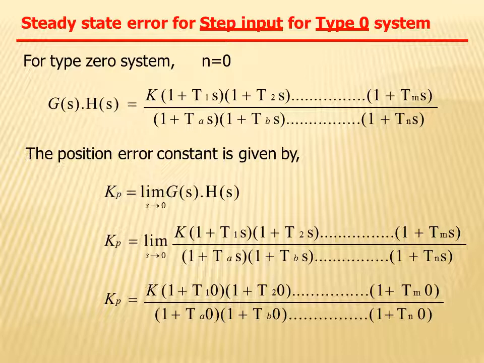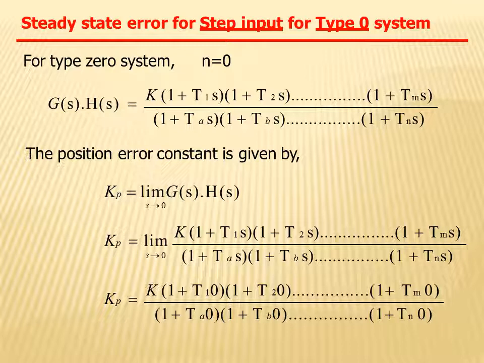By taking the limit we will get the expression Kp is equal to K(1 + T1 into 0)(1 + T2 into 0) up to (1 + TM into 0) divided by (1 + TA into 0)(1 + TB into 0) up to (1 + TN into 0). We replace the S by 0 when we take the limit.